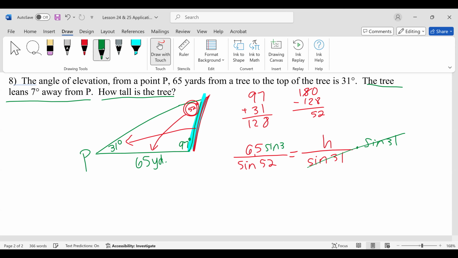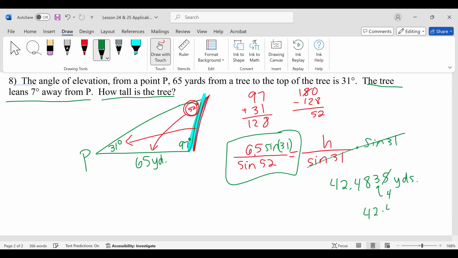Type this into your calculator and you should get 42.4835 yards, which you can round to the nearest thousandth. So this will become a 4. So you'll get 42.484 yards.